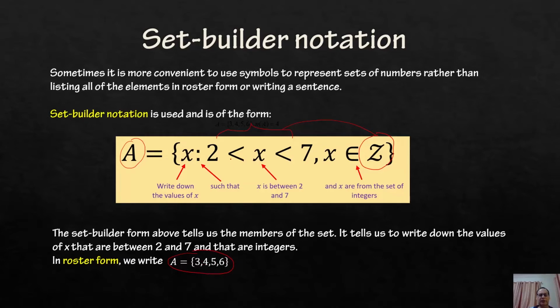Notice how we don't include 2 because there is no equal sign here, less than or equal to. So 2 is not included in this set in the same way that we don't include 7 in the set here. If we have equal sign here and here, we would include 2 and we would include 7 into the set there as well.